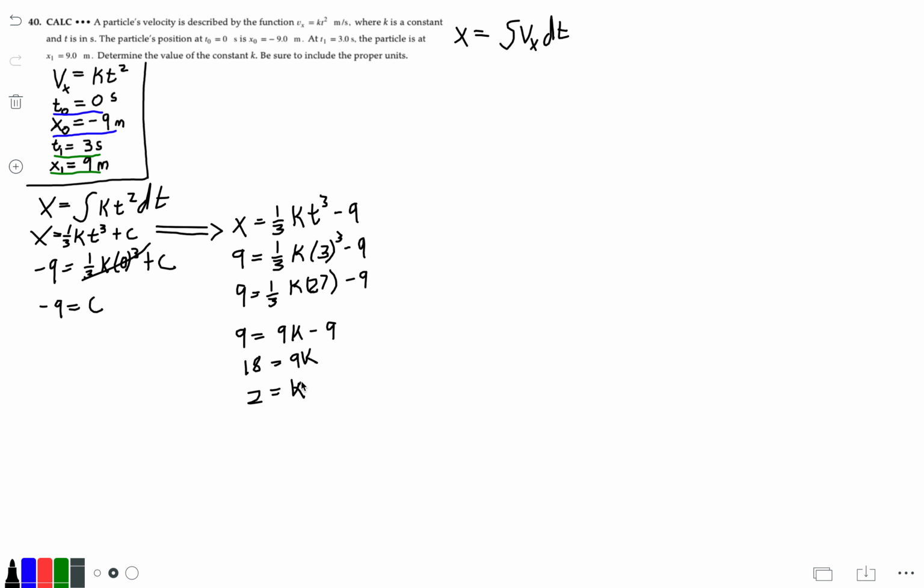All right, so we have k, but where do we go from here? So we're going to be looking for the units for this constant, which will help give us the velocity of this particle described in this function. So if we notice here, we have meters per second. And if we notice here, we have t squared.